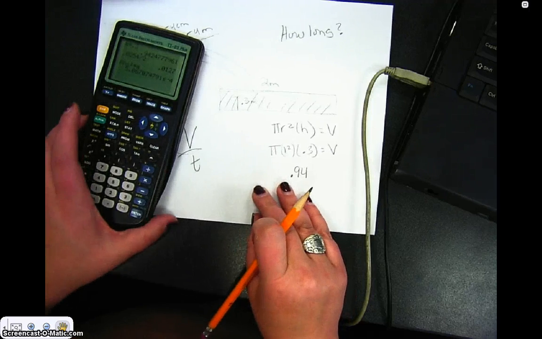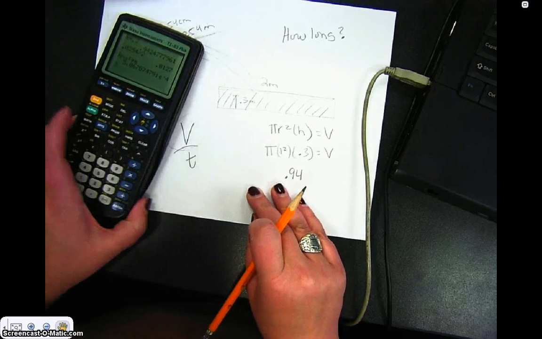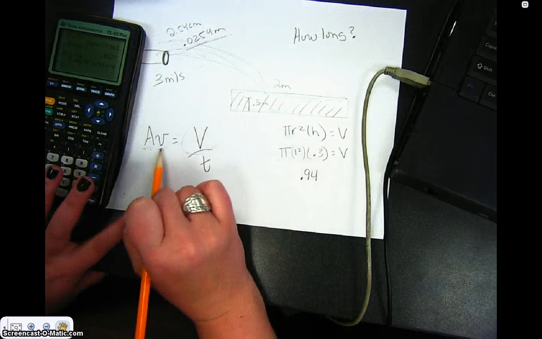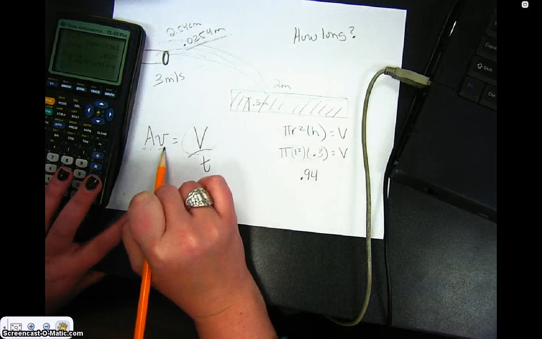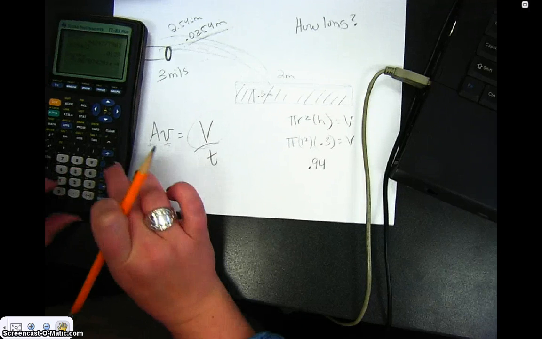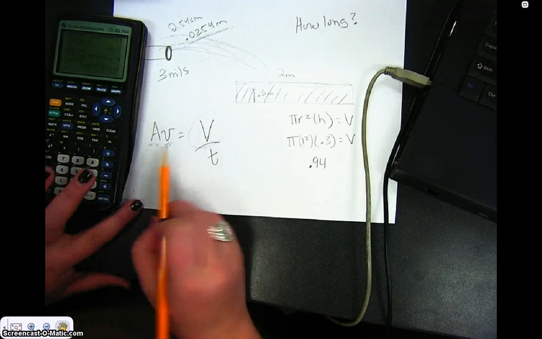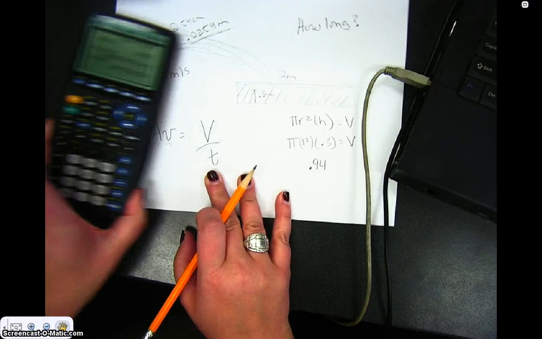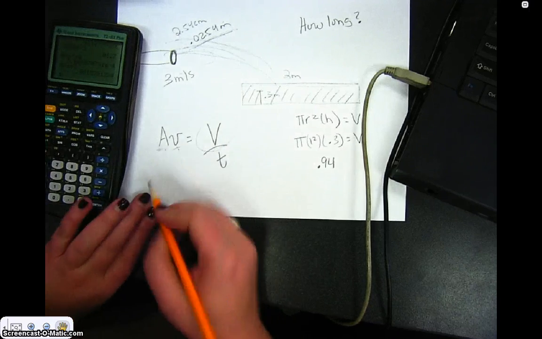Okay, so that gives me my cross-sectional area, and then I would want to multiply that by the velocity that it leaves the pipe, so times 3. So that gives me this over here, this volume rate. I don't know if you can see that.